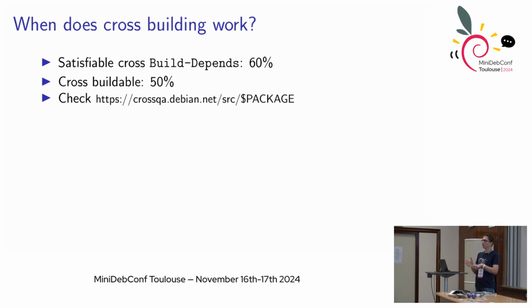Multi-arch issues are preventing that in a number of cases, and that's where we are. This leads us to packages actually being cross-buildable for around 50% of the archive. So most of the time a package has satisfiable build depends, it actually ends up being cross-buildable.